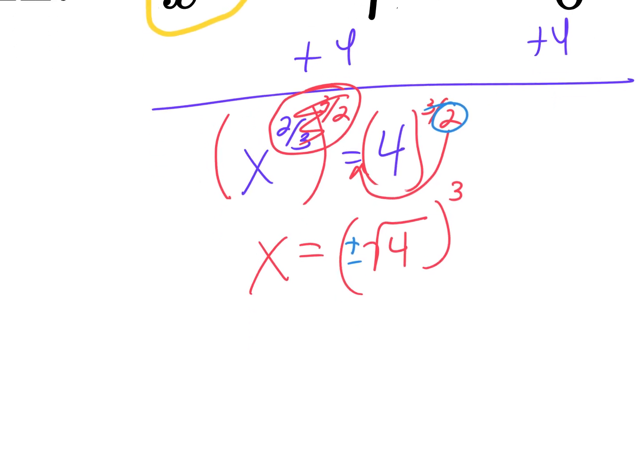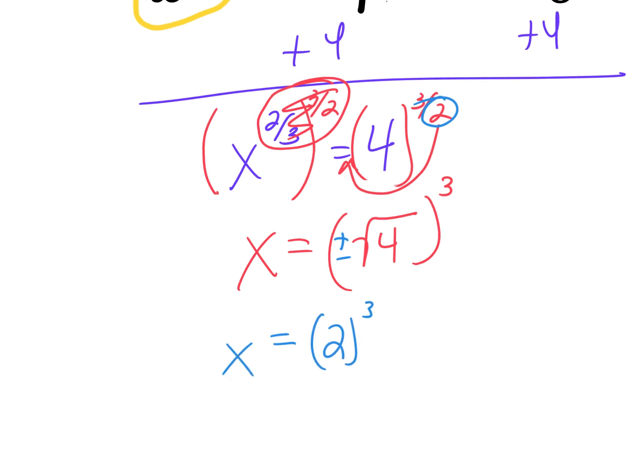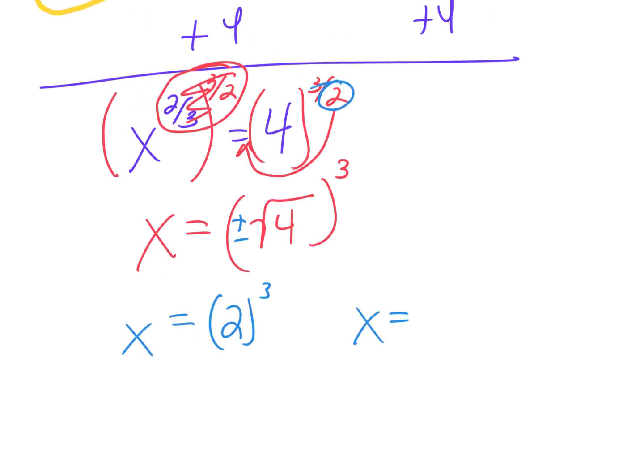So what you're going to do is say, okay, I have the positive square root of 4 cubed, and I also have the negative square root of 4 cubed, because 2 times 2 is 4, and negative 2 times negative 2 is 4. We put the house on, so that's why you have to have the plus or minus. That only happens when your index, the little number, your denominator of your fraction, if you want to think of it that way, is even.